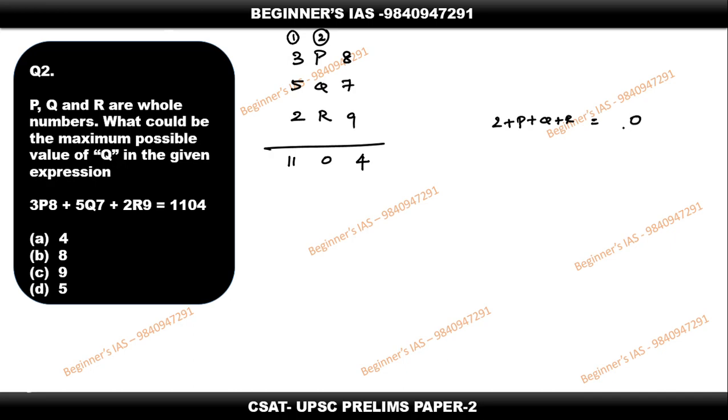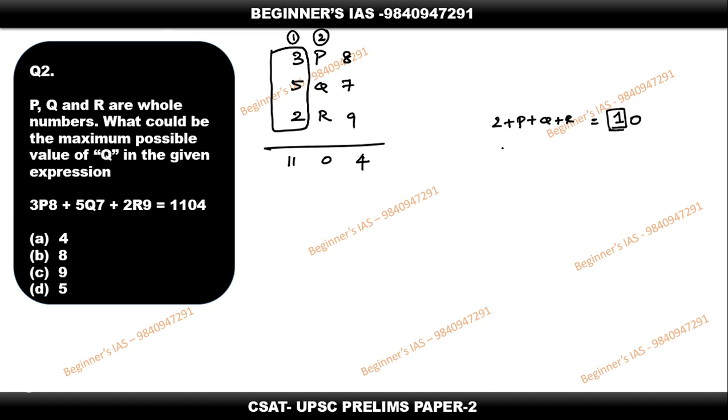Surely 1 is carrying over to this part. So therefore 1 should be present here. Listen carefully. This is a simple method. Now, in order to get 10 as a resultant, we need to substitute possible values for P, Q, R.